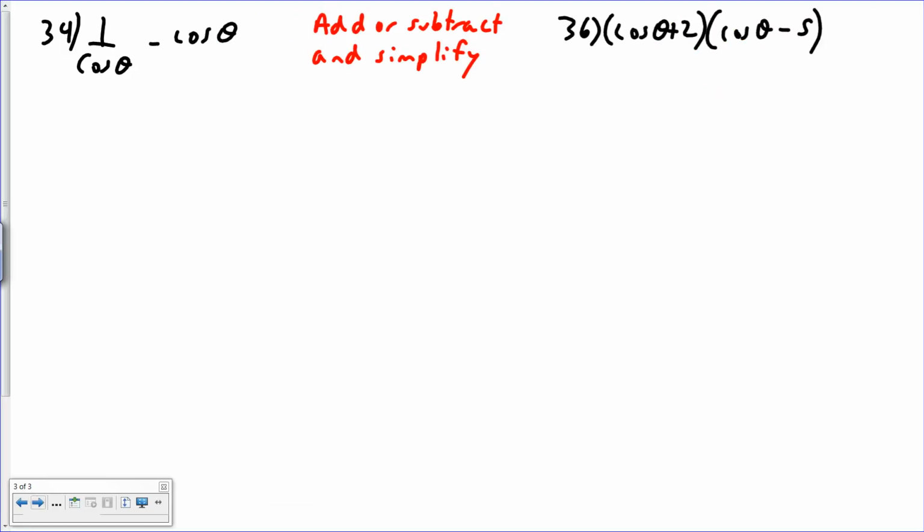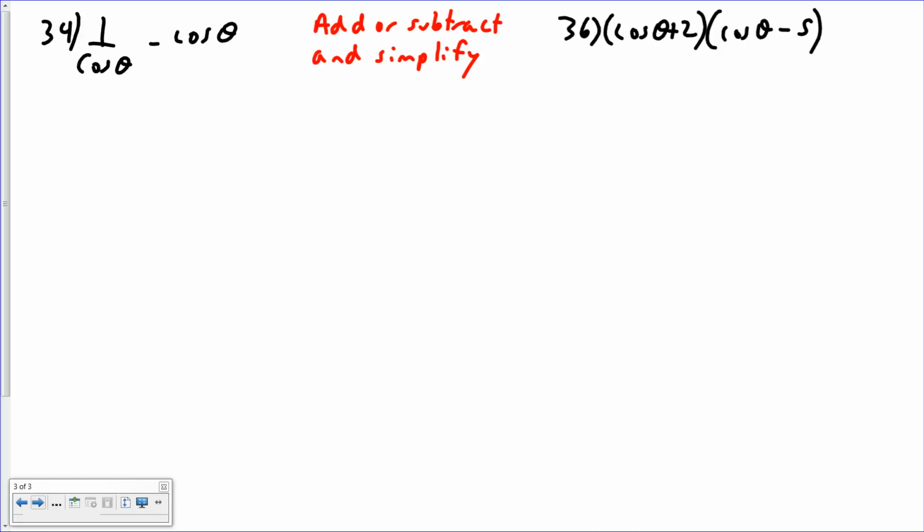Add or subtract and simplify. We have two terms, we're subtracting them. The question is, how do you combine those terms? When you're looking at any fraction to combine in a subtraction or an addition, you want common denominators.